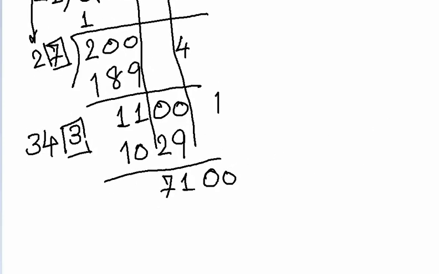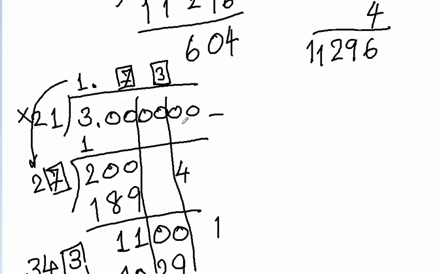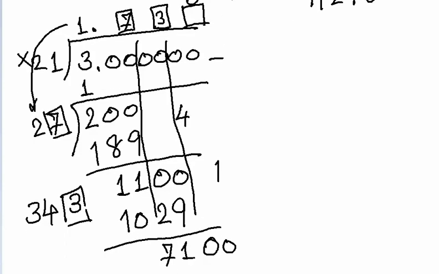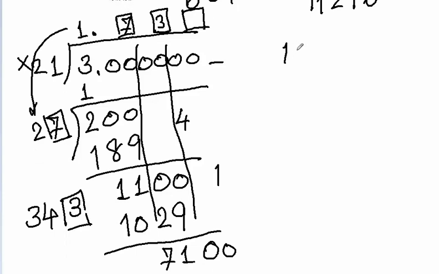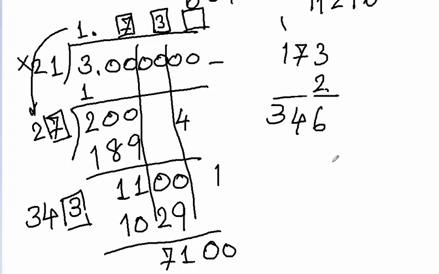So I don't need to bring down to show you again, so I can write it. And what number here should be 173 times 2. It will become 346.